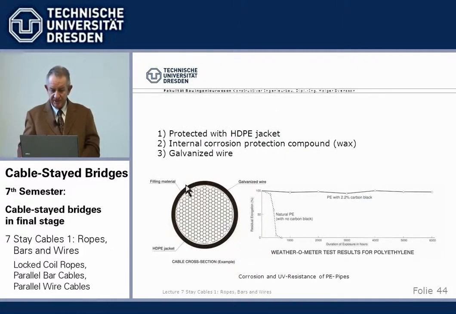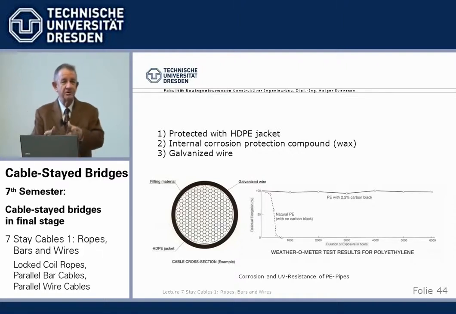I mentioned the PE pipe is UV resistant, which is a big problem with plastics. It has about 2% of finely dispersed soot, what you get in an oven, the black stuff, to make it UV resistant.